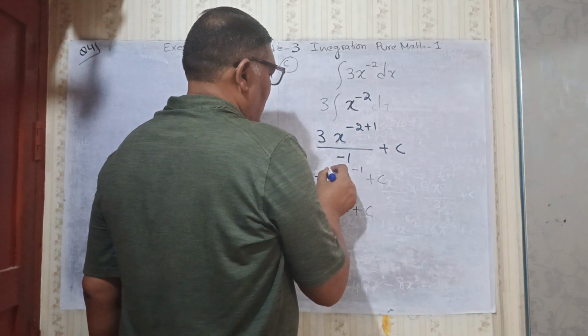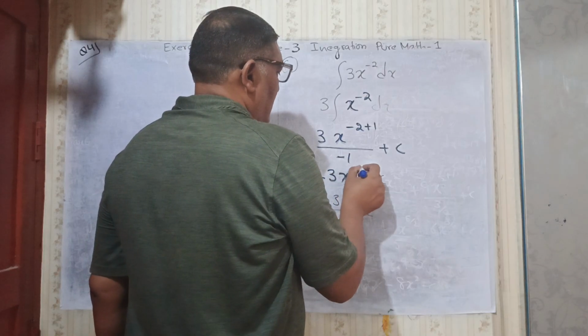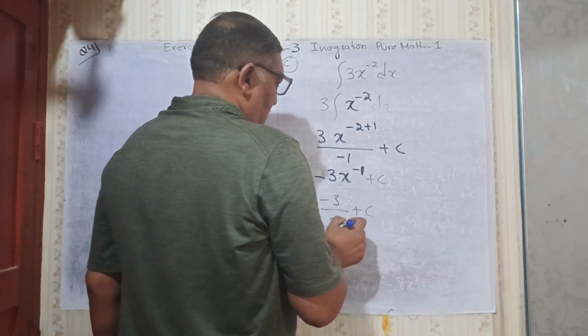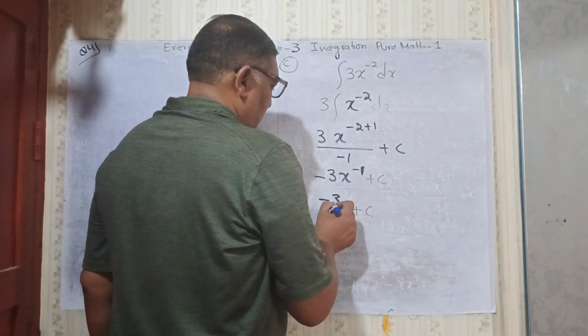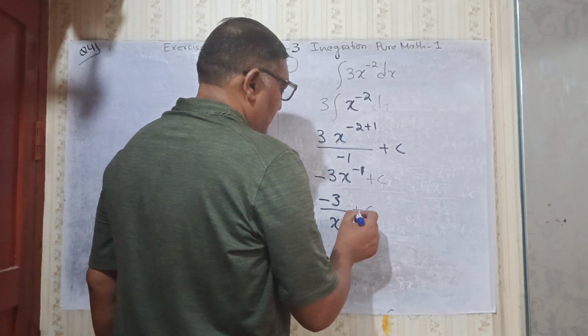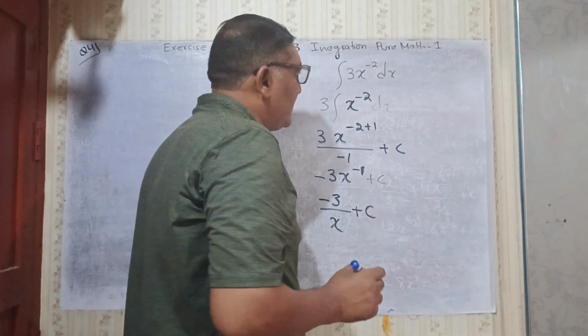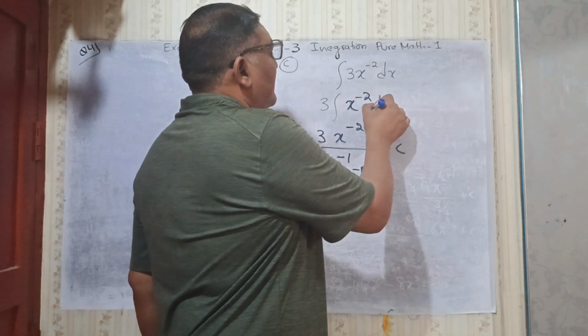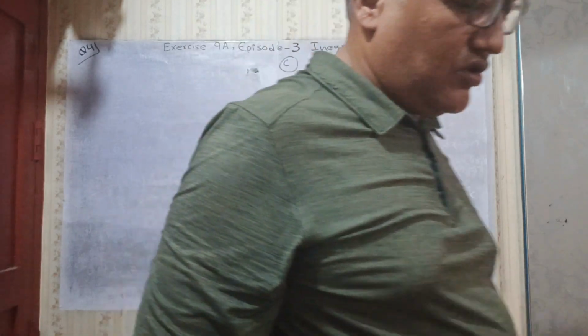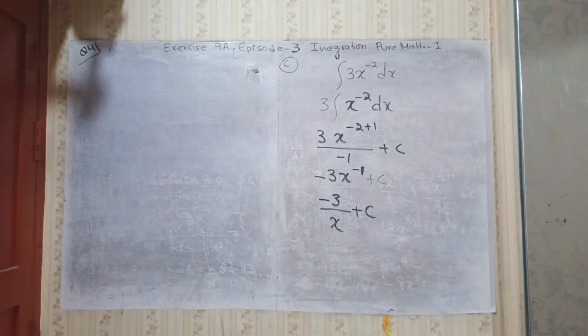Bring the x downstairs: minus 3 divided by x plus c. Let me check the answer from the book. Minus 3 by x plus c is the right answer. We are done with this.